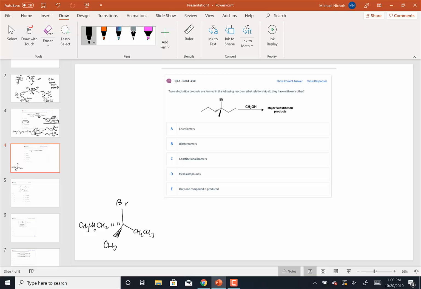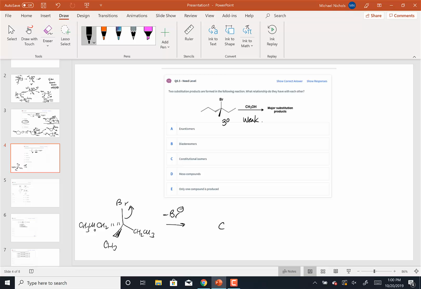So in this case, this is a tertiary halide plus a weak nucleophile. Both of these indicate that the mechanism would be SN1. And so the first step is to break the carbon-bromine bond and lose the leaving group.